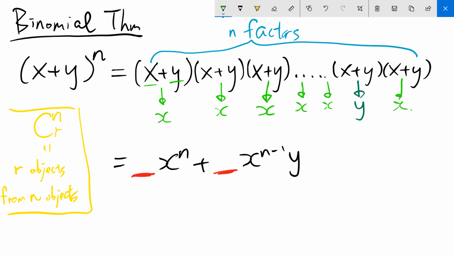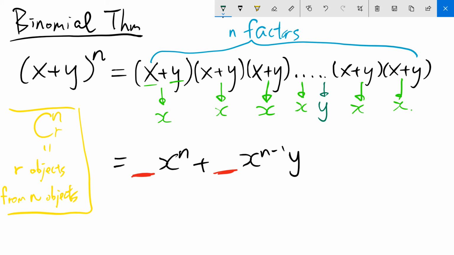And the third combination, or third situation, maybe we choose y from the third last factor and we choose x out of the other factors. In this situation we also get x to power n minus 1 times y.